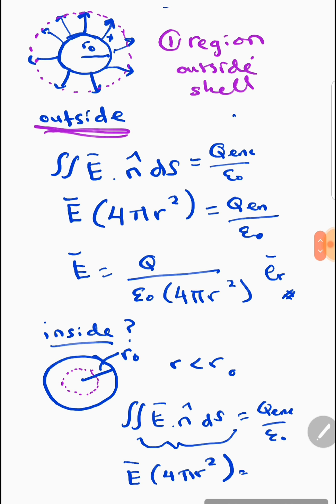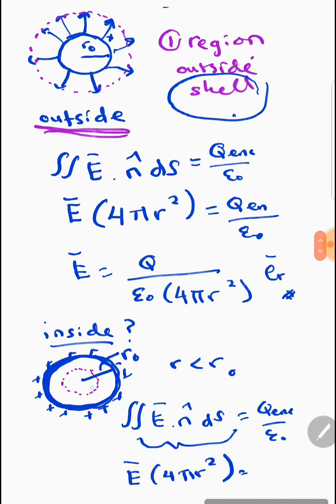Remember, from the start it mentions that it's a shell. When it's a thin spherical shell that has a uniform charge, it means that you only have this charge on the surface of the shell, because inside the thin spherical shell it's hollow. Imagine a ping pong ball, for example.